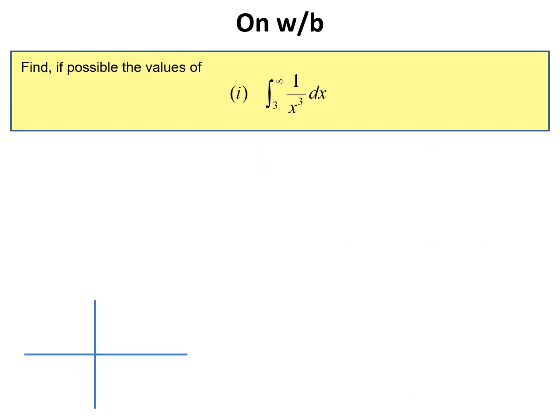Your turn now. Have a go at that one. Find, if possible, the value of that. Press pause. Okay, you've unpaused and the answer is about to appear. Warning.